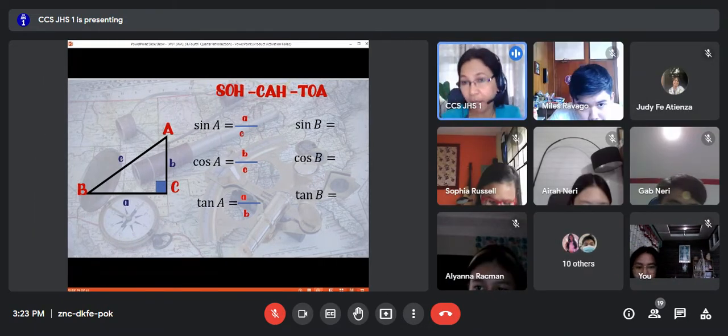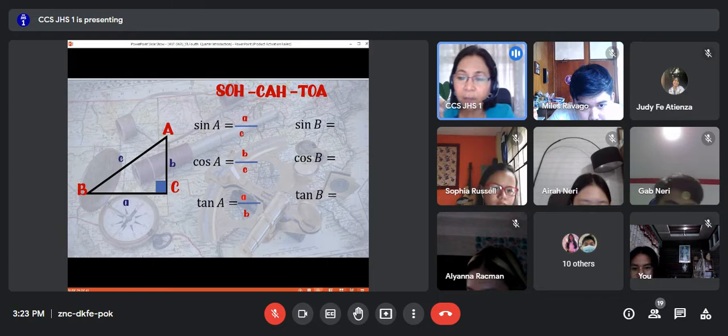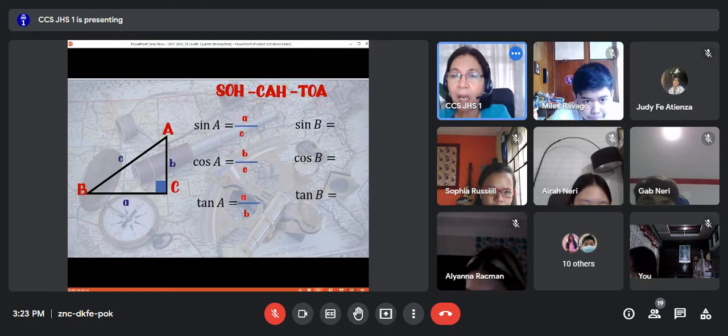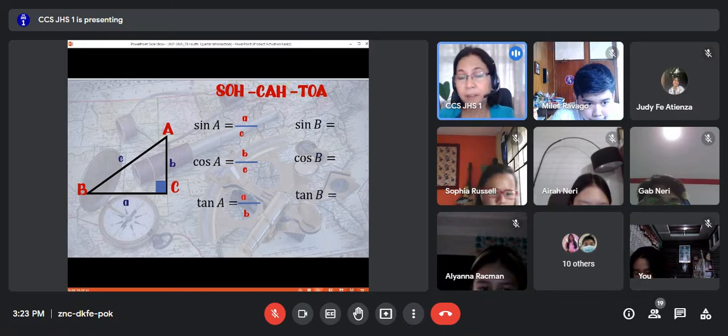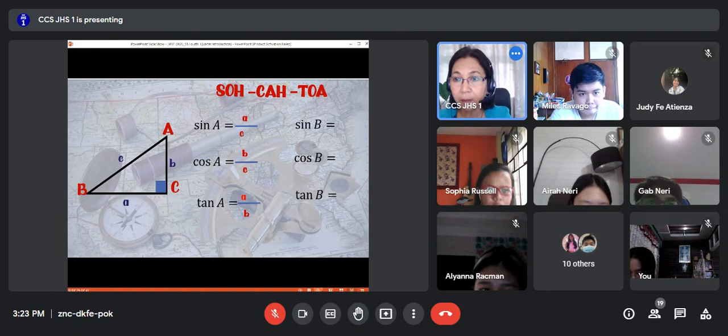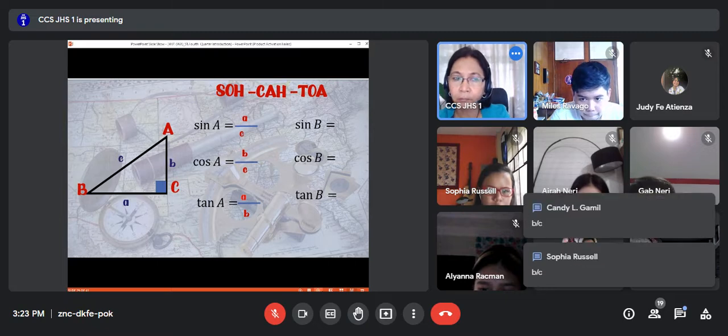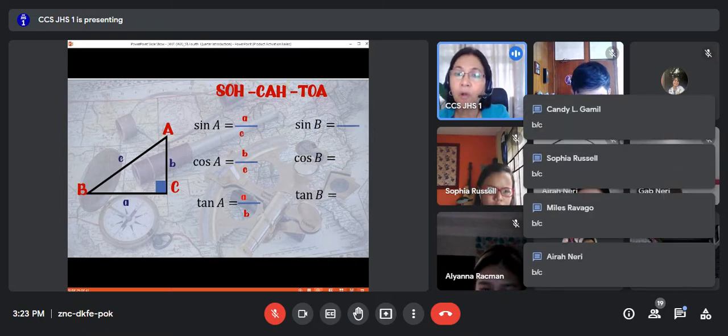Now, that is for angle A. This time, our angle will be angle B. It will be different now, okay? Because the side opposite angle B is already segment AC. What is sine of angle B? Okay, b over c, correct.